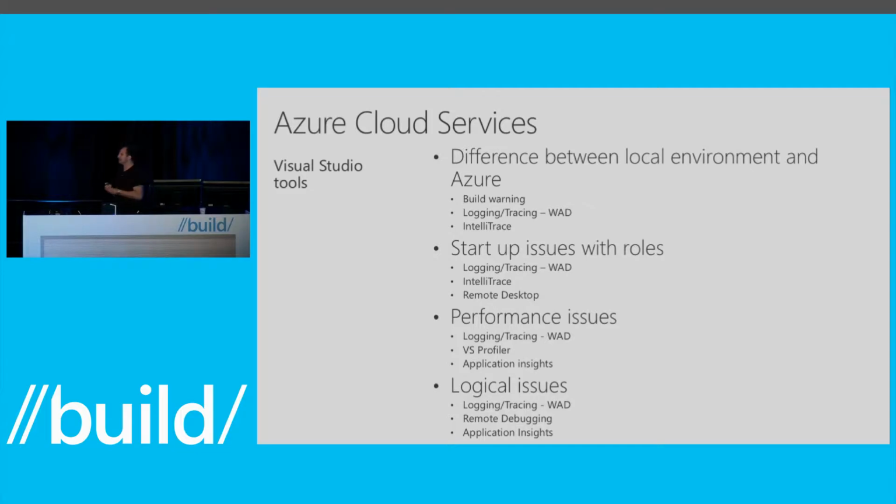The next thing is really IntelliTrace again, because IntelliTrace is being applied as a plugin, and it's basically there in your machine, on your virtual machine in Azure, and can instrument your WaWorkerHost process or your WaIISHost process. And the other tool, it's very powerful, is Remote Desktop.